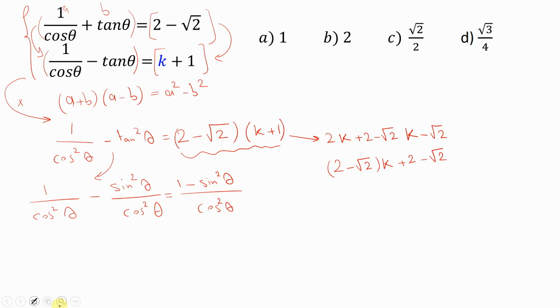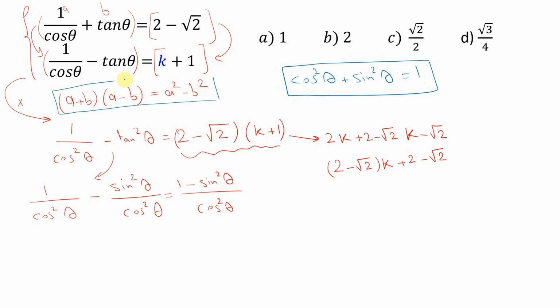And again, if you remember, you have the basic identity cosine squared of theta plus sine squared of theta equals 1. These are the background formulas that we require. So 1 minus sine squared theta equals cosine squared of theta, divided by cosine squared of theta, which is equal to 1.